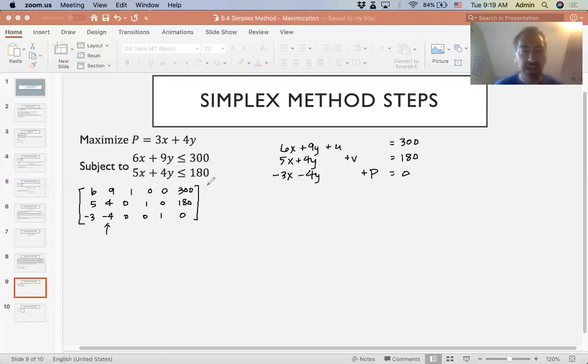And then we divide the constant on the right-hand side by the number in the second column. 300 divided by 9 is, I'll reduce that to 100/3, which is 33 1/3. And then 180 divided by 4 is 45.